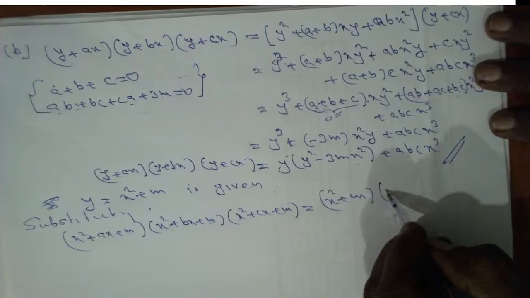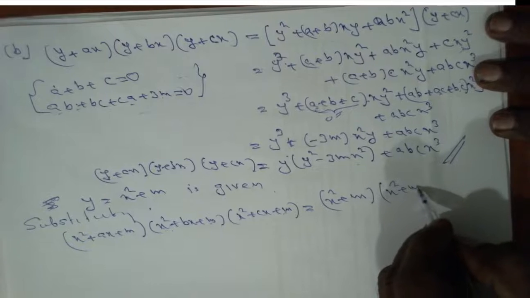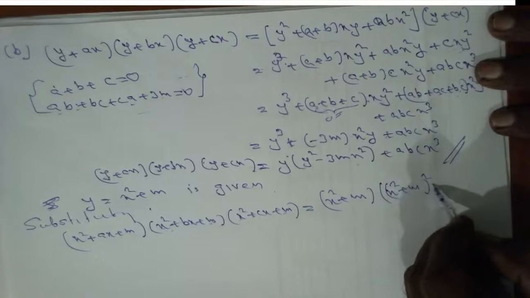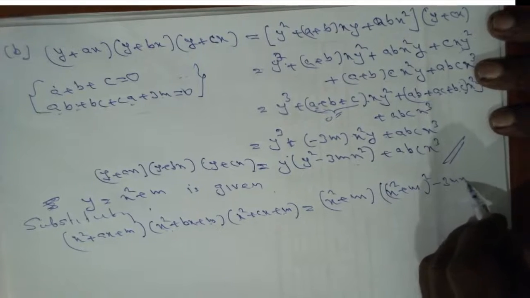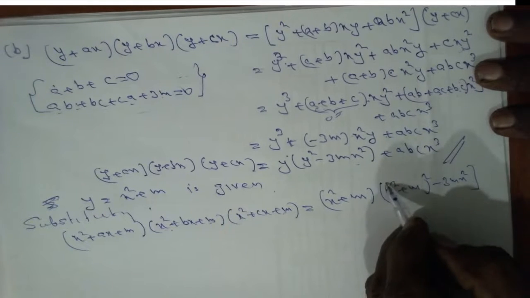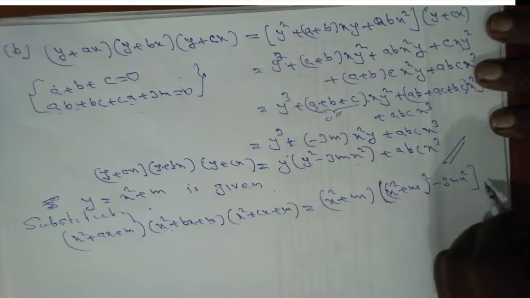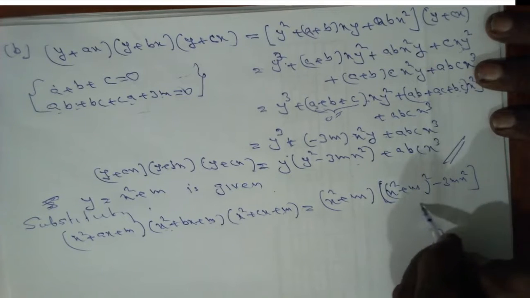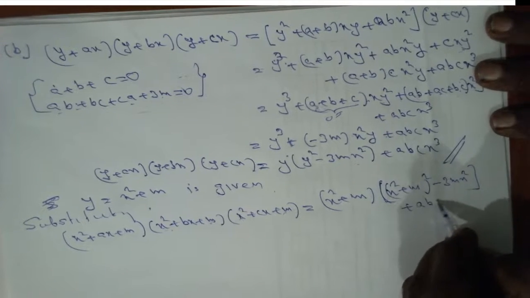y squared equals x squared plus m whole thing squared, minus 3mx squared plus abc x cube.